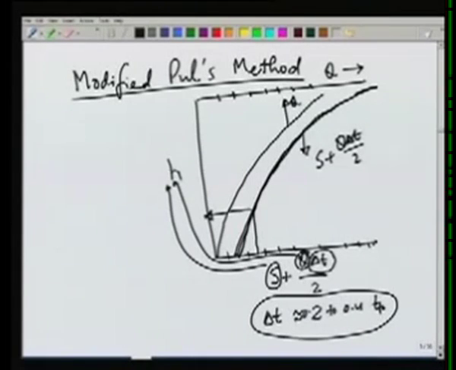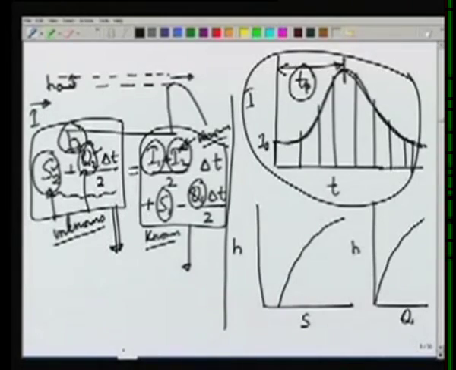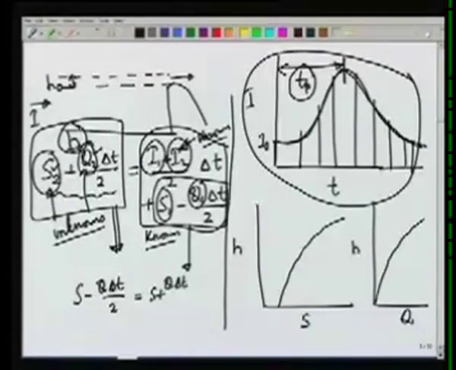So on the same graph we have this plot of Q, and therefore for this H we will know the value of Q. So for the next time step, where we need S minus Q delta t by 2, we can write this in terms of the known variable minus Q delta t.